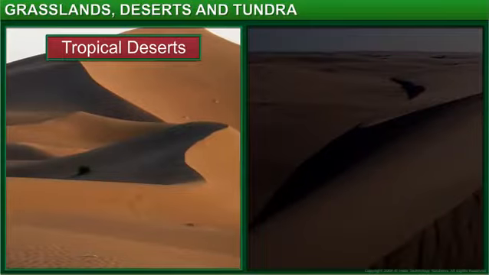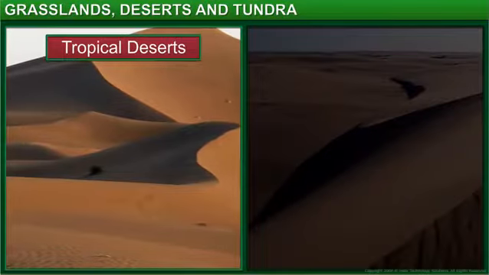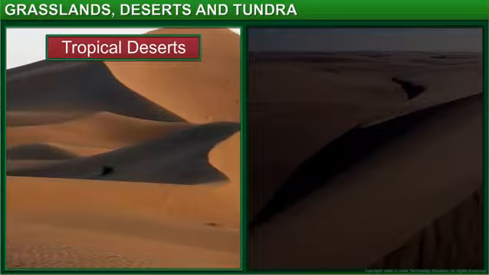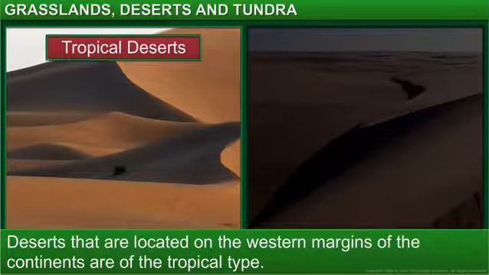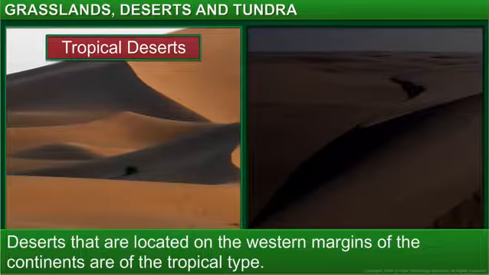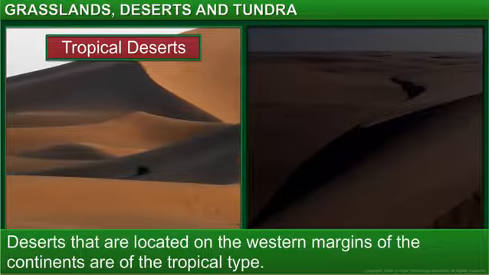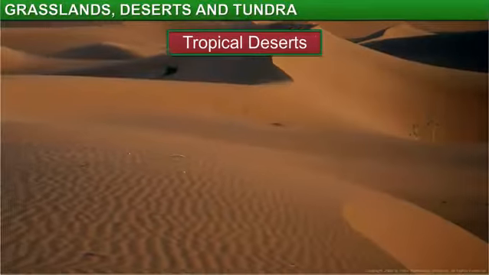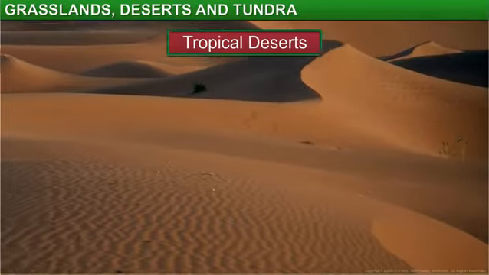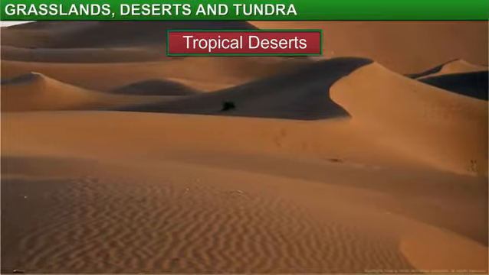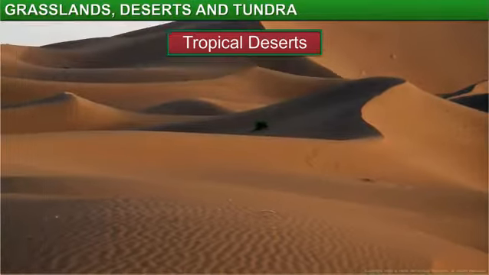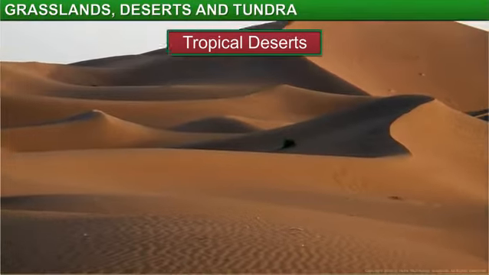Deserts that are located on the western margins of the continents are of the tropical type. Tropical deserts are the driest and hottest places on Earth. Rainfall is very scanty and irregular.